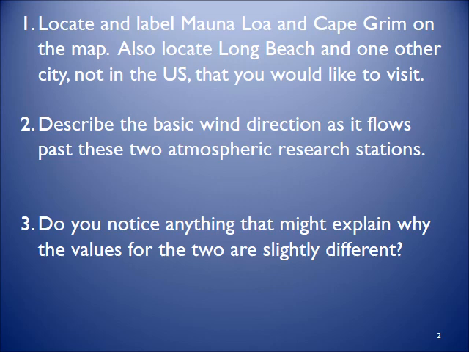So yeah, the basic wind direction, we just described that. And what might explain it is, you have a populated area closer to Mauna Loa. Okay, and that could give you that higher reading.